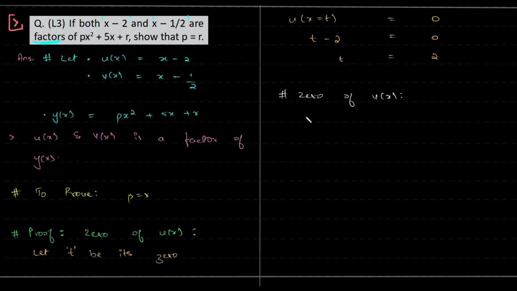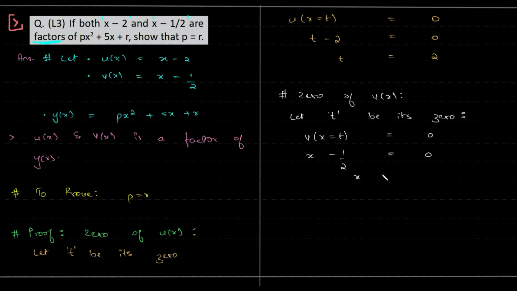Again let t be its 0, and v of x equated to 0 gives x minus half equal to 0.